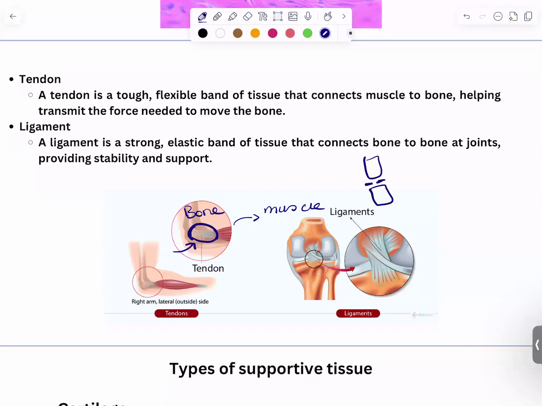We have the cartilage, and beside the cartilage, we have the ligament. This ligament is very, very important. Why? Because it doesn't let the bones touch each other. If bones touch each other, you're going to have a really, really tough time.